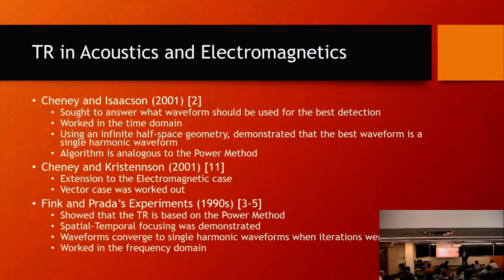And they realized that the single frequency waveform for the best scattered wave can be approached through an iterative power method. It turns out that this method is what Prada and Fink were doing through the time reversal experiments. Now, Cheney extended that work from acoustics to electromagnetics with Gerhard Christensen.